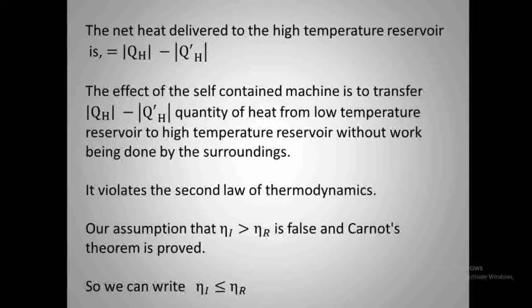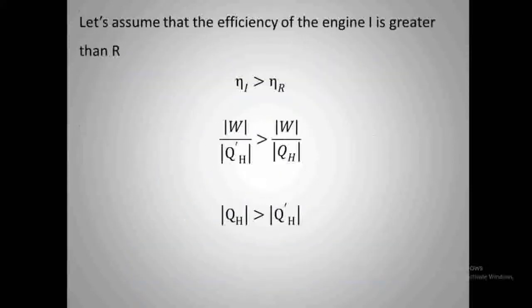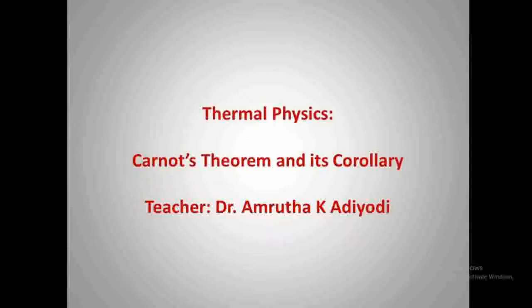So the real thing is that eta I is either equal to or less than eta R, that is, the efficiency of an irreversible engine or any engine working between two reservoirs is either equal to or less than the efficiency of a Carnot engine working between the same two reservoirs. That is how the Carnot theorem can be proved.